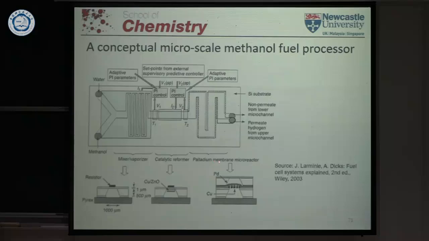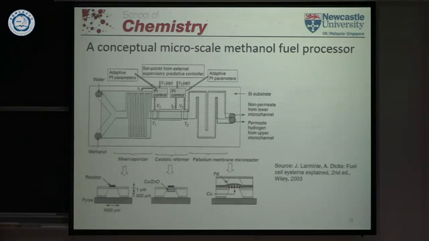And here a palladium membrane is attached to this that allows you to separate the hydrogen from all the other components. So this way you can get fairly pure hydrogen out of this reaction mixture.